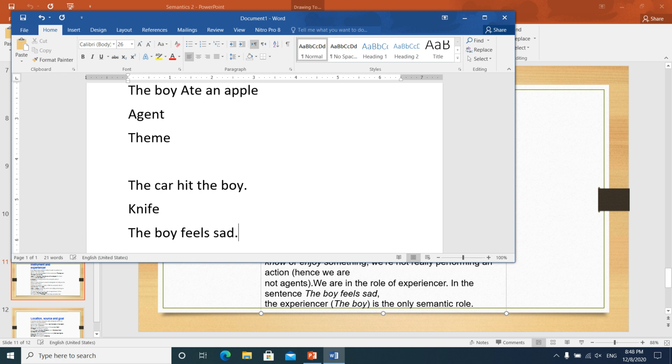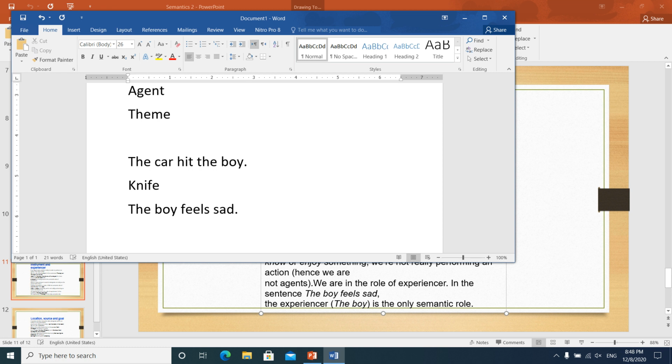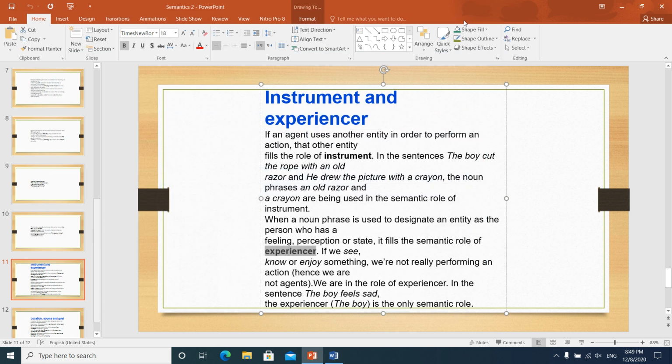You see? Is there an action in the sentence? No. The verb feels here refers to feeling or sense. So verbs of feelings or senses require a subject, human, animate, but we don't call it agent, we call it experiencer.